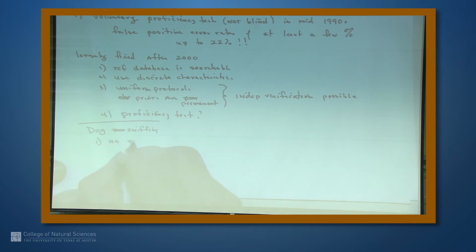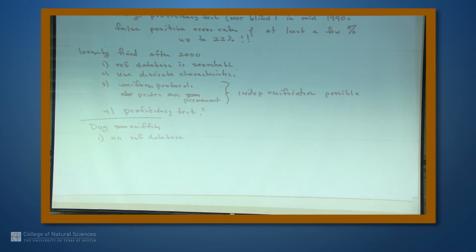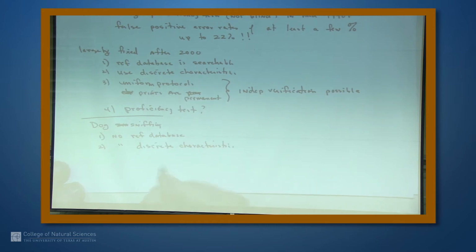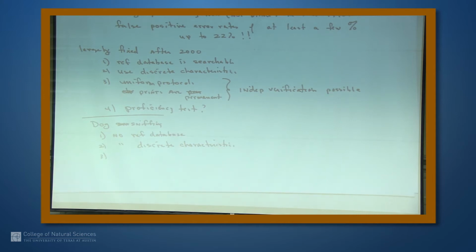There's no reference database of smells. There could be, but if we can't smell them, we can't really tell whether they're different or not. There are no discrete characteristics. Would we say that characteristics of odors are permanent? I wouldn't think so.